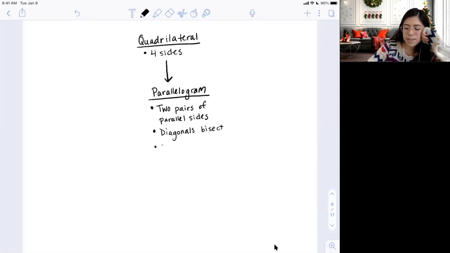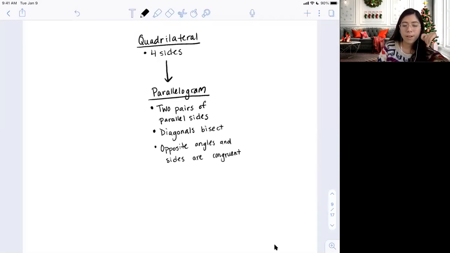Something to do with opposite angles and opposite sides. Not necessarily the diagonals are congruent, but the opposite angles and the opposite sides are congruent. Okay. So those three things make a parallelogram.